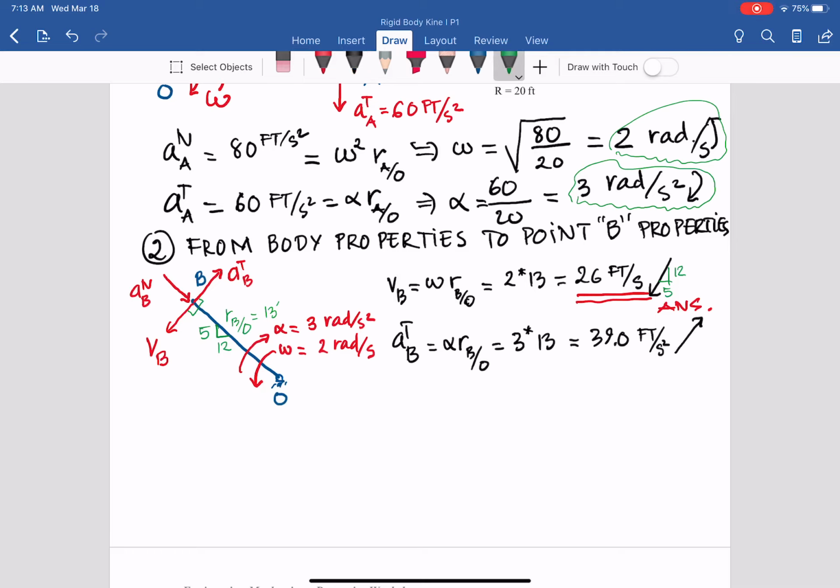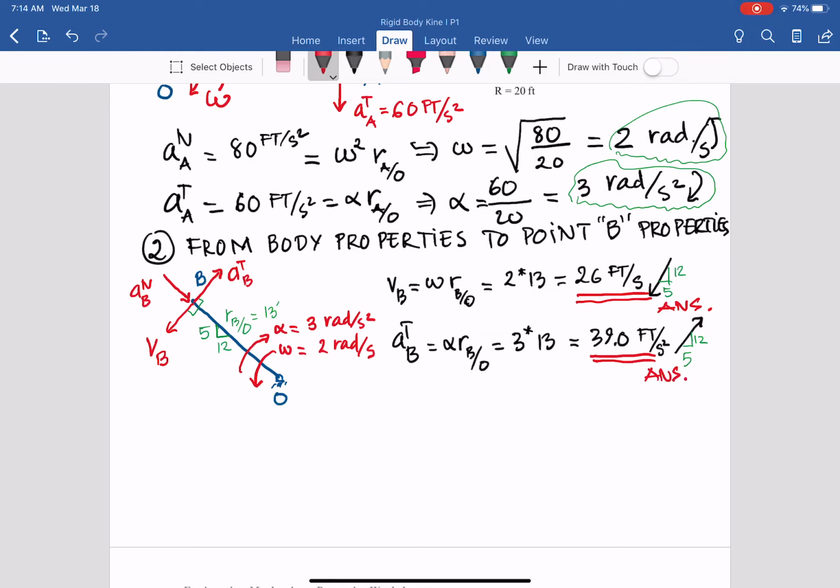The angle should be collinear with the velocity, so just flip from the radius OB, so here is 5 and here is 12.